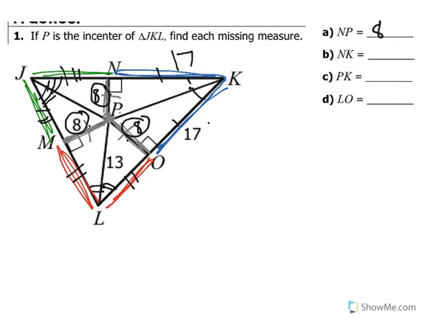Next one I'm looking for is NK. I also wrote NK down already. These two blue lines were congruent. So NK is 17. The next one I'm looking for is PK. For PK, it's not congruent to anything, so we're probably going to need to use the Pythagorean theorem.